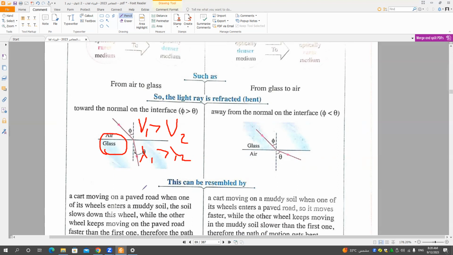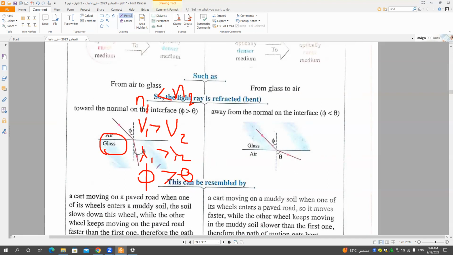Angle phi is greater than theta. All of these are directly related to each other, but the absolute refractive index of the medium is inversely proportional.